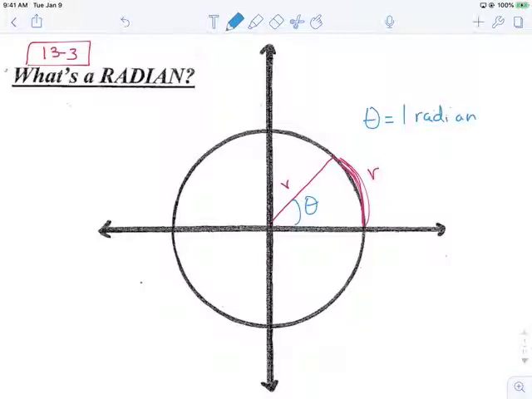Or if you remember from geometry, there's a special word for this: the angle subtended by this arc. So the angle that's subtended by an arc of length r, that is 1 radian. Okay? The angle subtended by an arc of length r is 1 radian. All right?